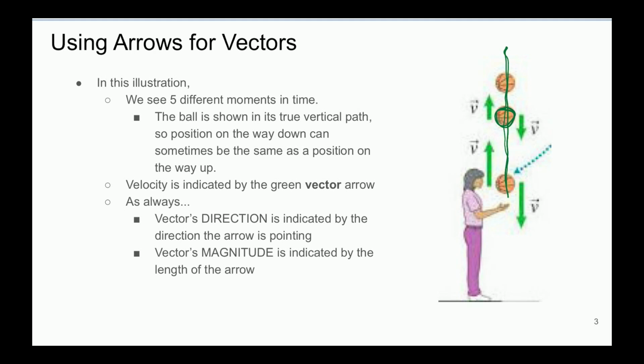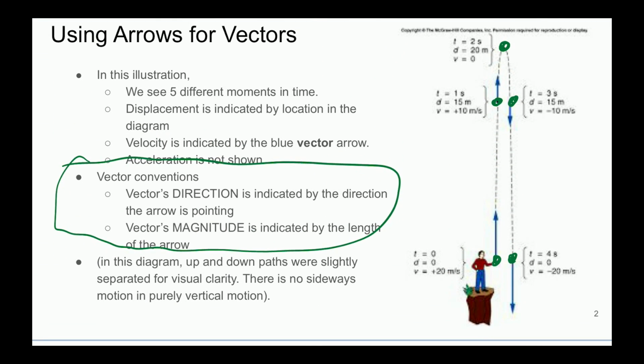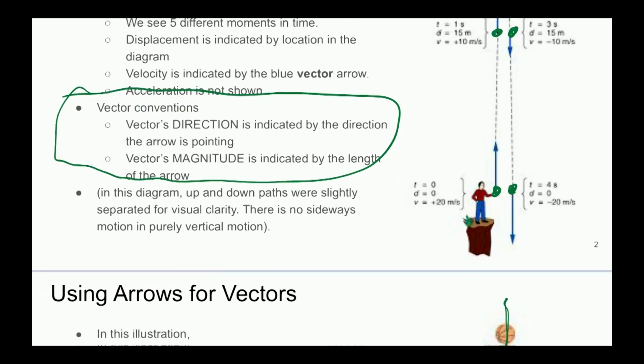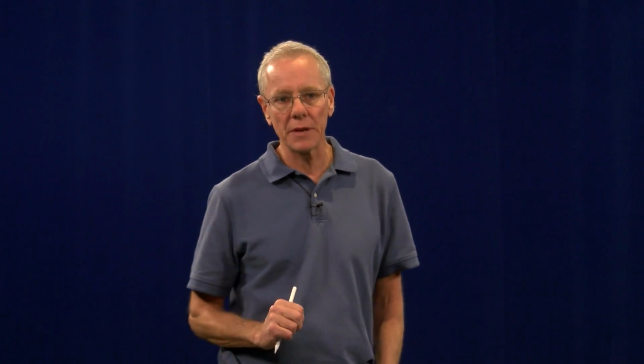So it's really just an artist's decision. You probably noticed in this earlier picture, the artist chose to nudge the trip down over to the right a little bit so you could see everything in one picture. Importantly, we're talking about motion in one dimension right now, so we don't have any left to right motion. And so that's just a graphical convenience, but not a precisely accurate picture.